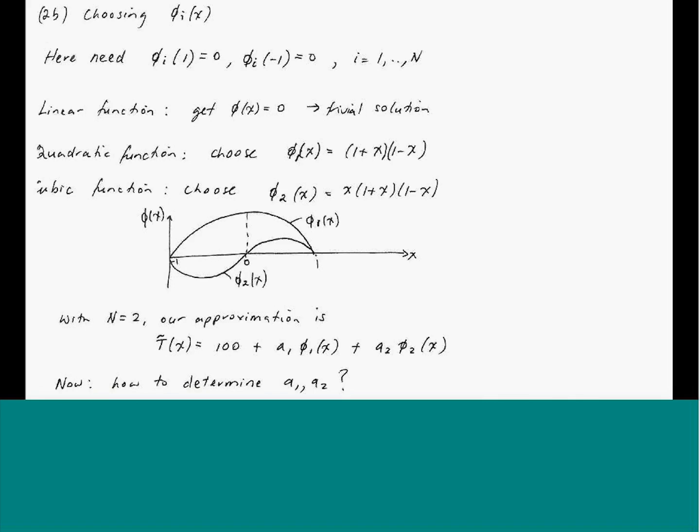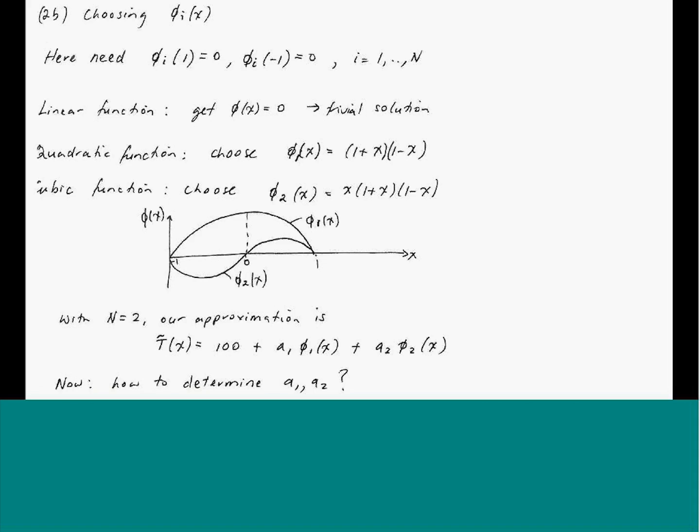And so in this simple example, we're going to use only 2 degrees of freedom to describe the approximate solution. And with those 2 degrees of freedom, what is our approximation? Our approximation is T tilde of x being 100 plus that sum, which in this case is going to be A1 times phi1 of x, where phi1 is 1 plus x, 1 minus x, plus A2 times phi2 of x, where phi2 is x, 1 plus x, 1 minus x.